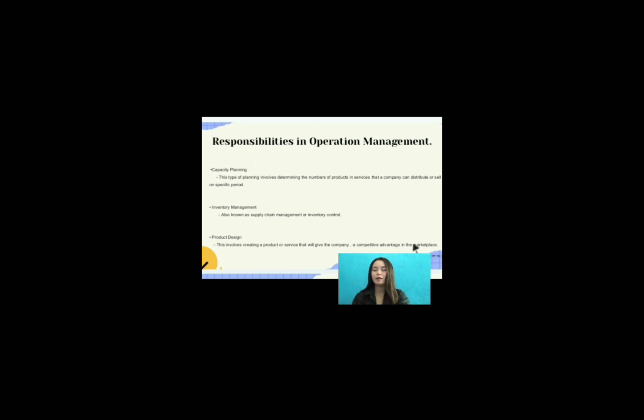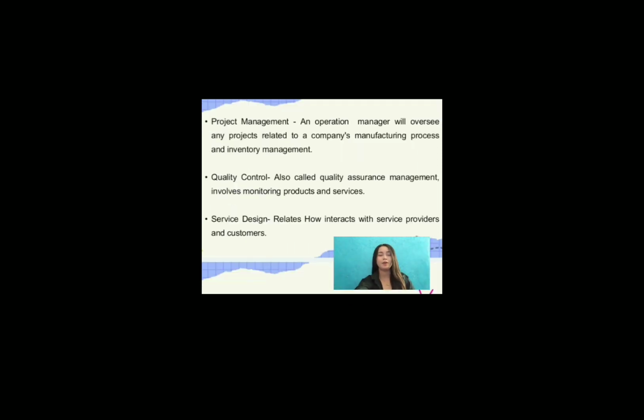It involves outlining the project objectives, timelines, and resources. The primary goal of product design is to ensure all aspects of the project are thoroughly considered and planned for achieving desired outcomes.